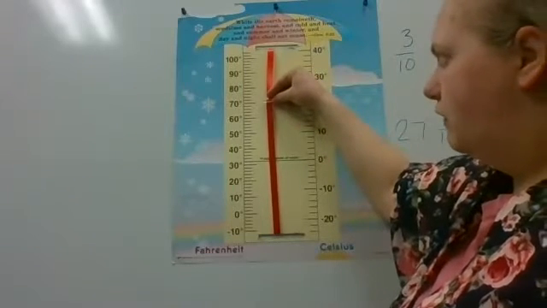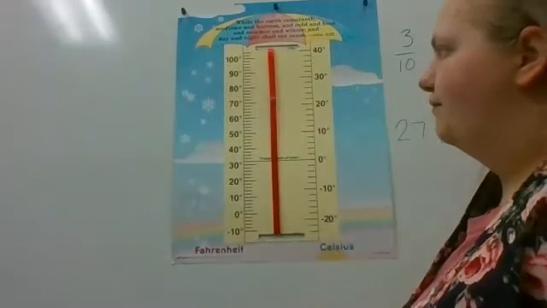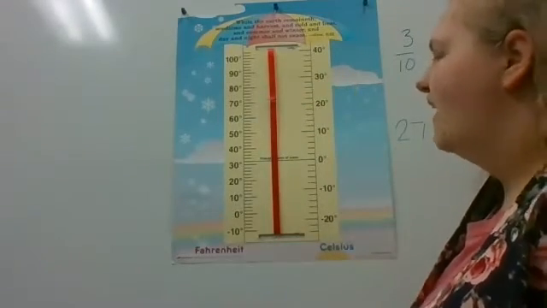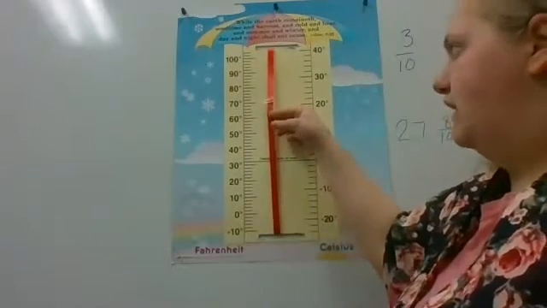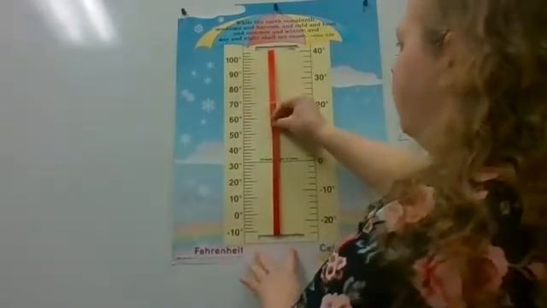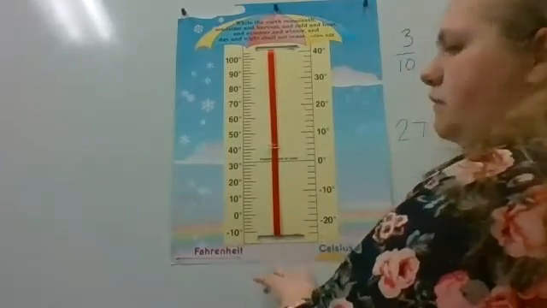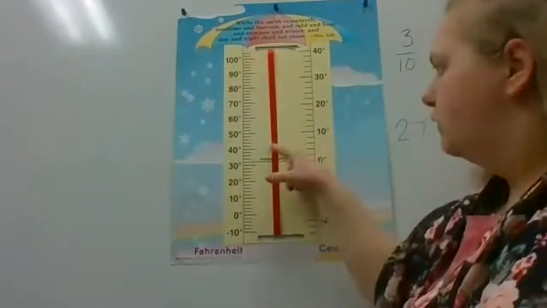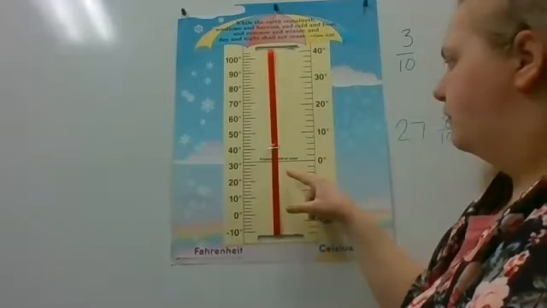I'm putting it on a whole number. So that would be 70. If we bring it down here, where is it sitting? Right there. So that would be 40.